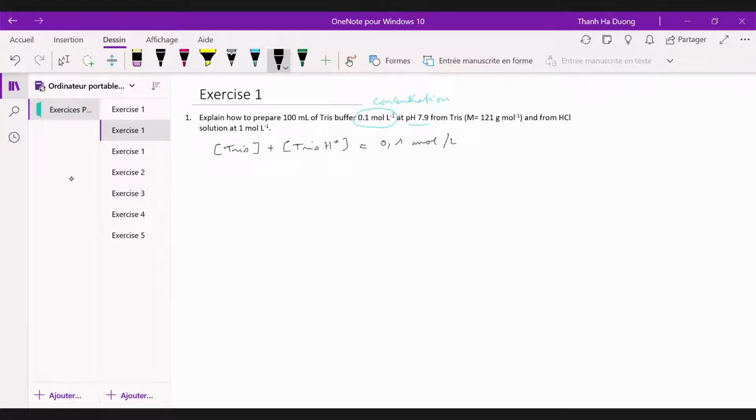And I told you that we need the Henderson equation. So to remind you, pH equals pKa plus log of the base form over the acid form.